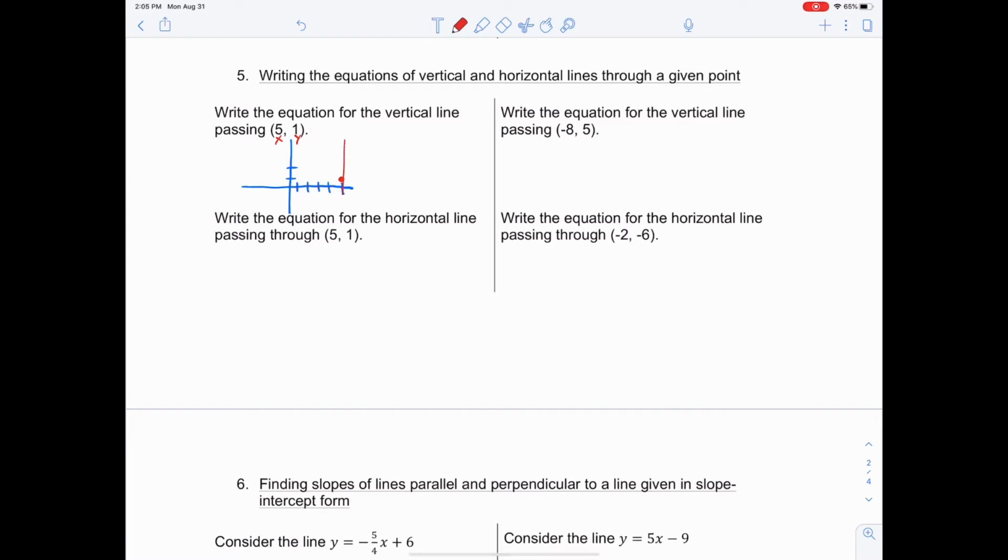So this is a vertical line. Pretend it's going through that point. Make it just bigger. If the line is going through that point, then my equation is x equals 5. If it's vertical, you'll have x equals something. What if it's horizontal then? Well, let's draw it.